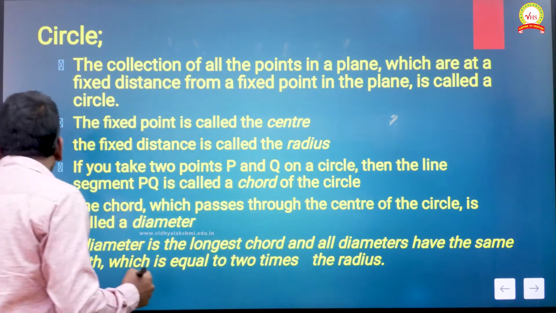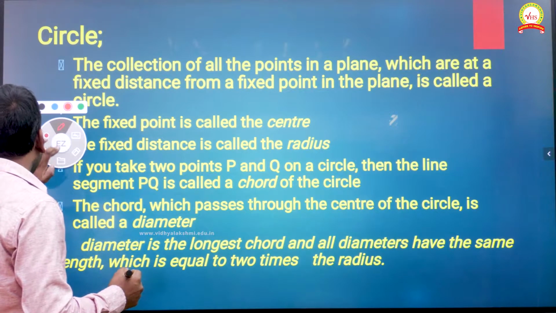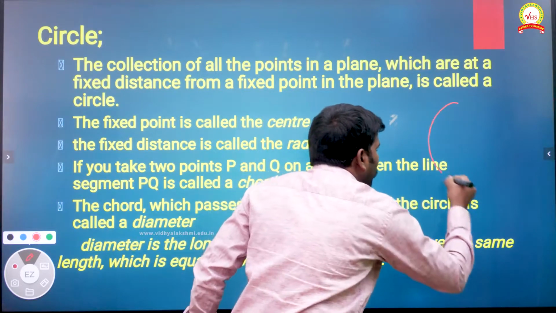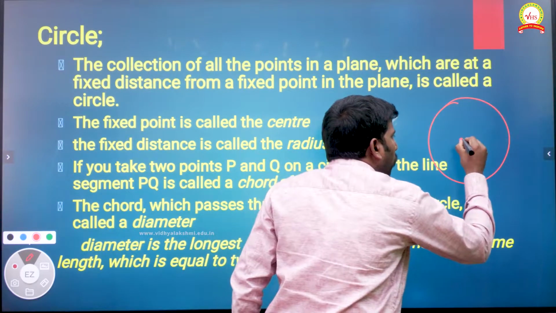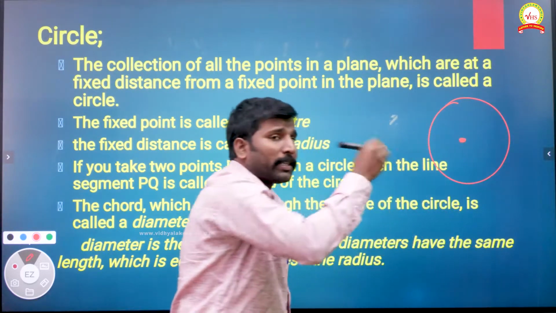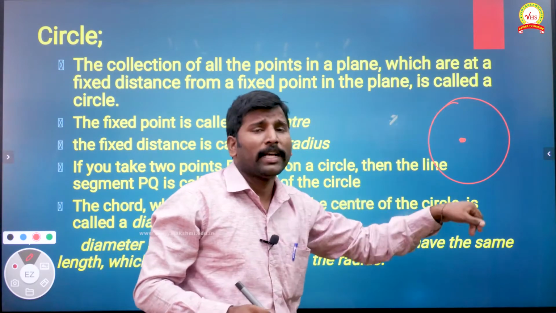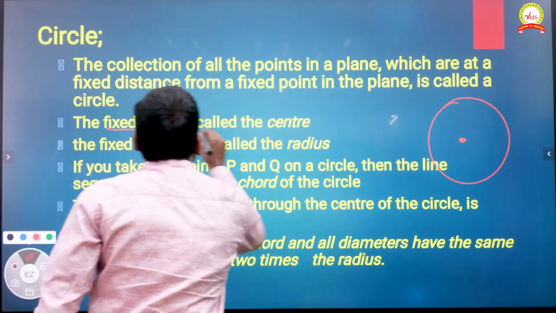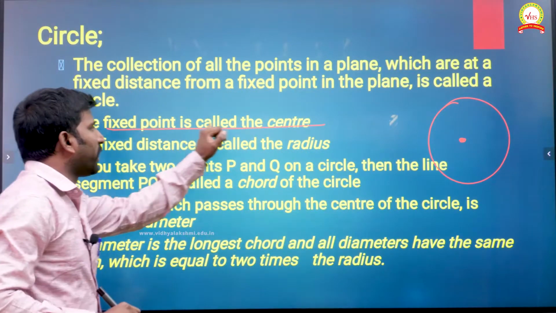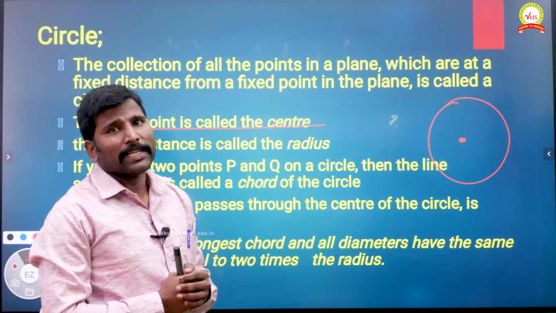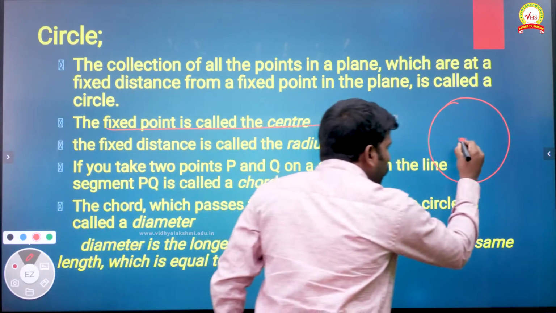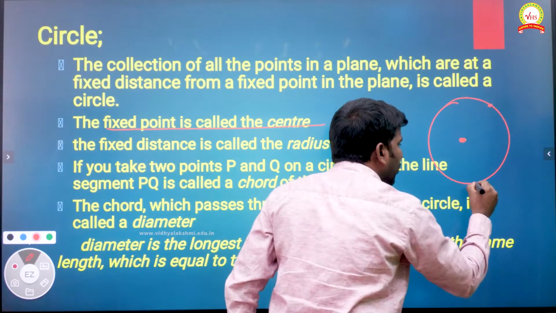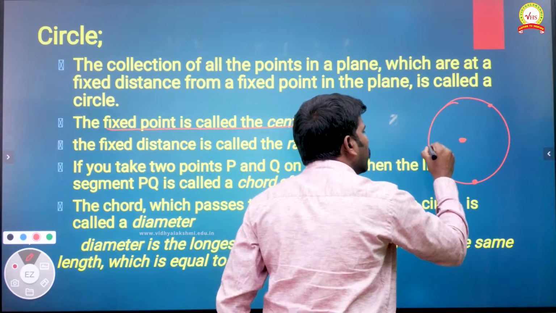Let me show both again. See children, if I take one circle, the middle point, the center point, is a fixed point. The fixed point is called the center of the circle. Next, from the fixed point, if I take any point on the circle, that is not a problem.